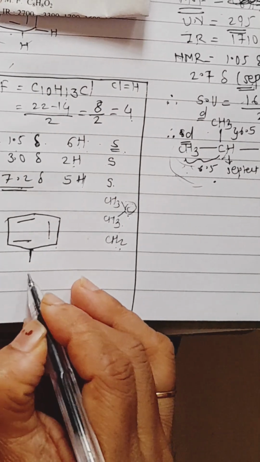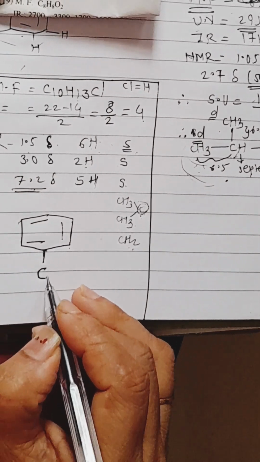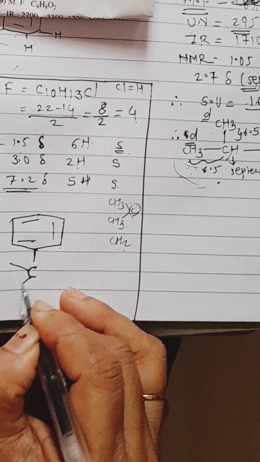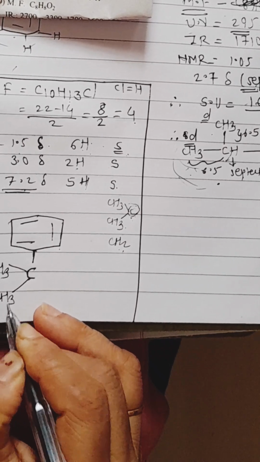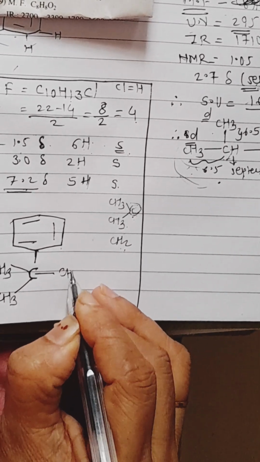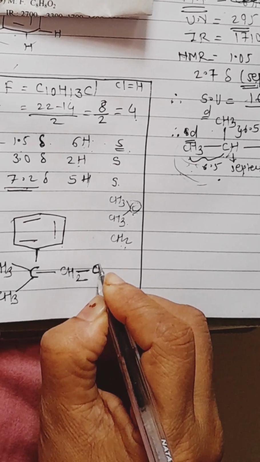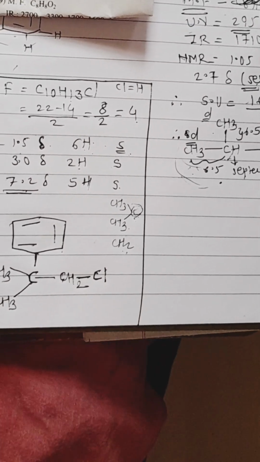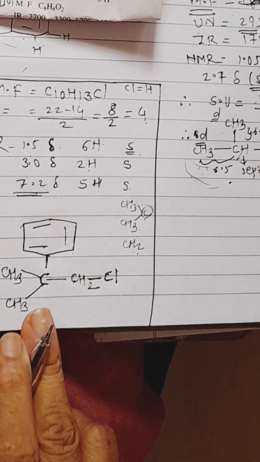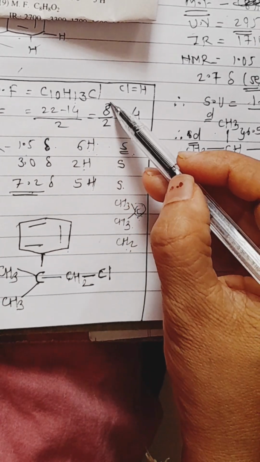Therefore the structure of the given molecule may be like this, and there is no other possibility. So this is the structure for the given molecular formula.